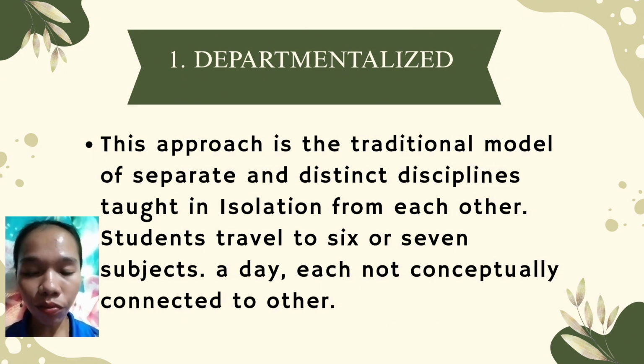For example, what students learn in science is not directly connected to what they study in math or English, so they move from one subject to another without seeing how the knowledge relates.